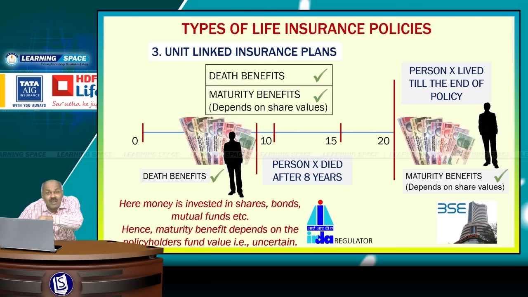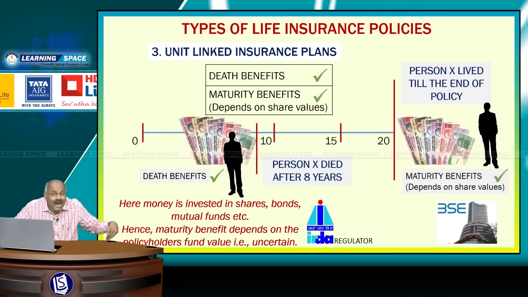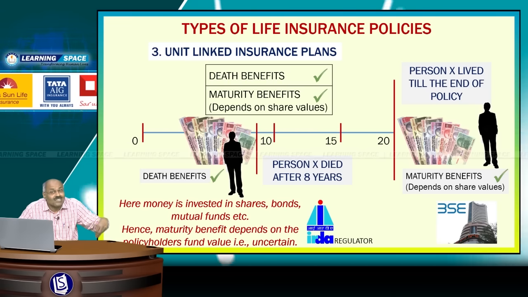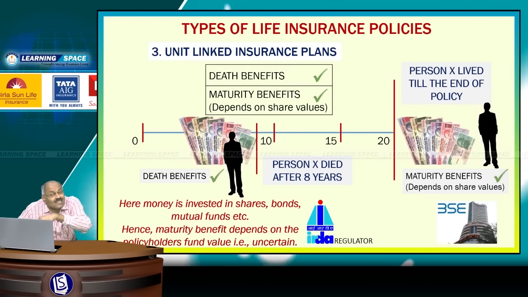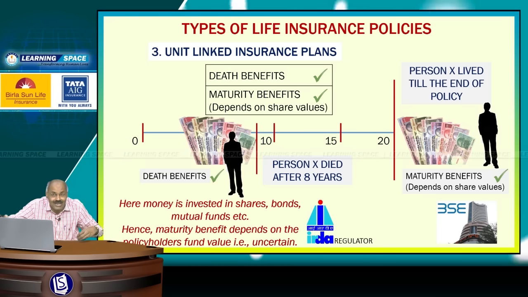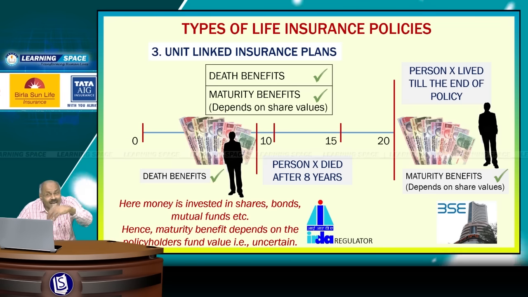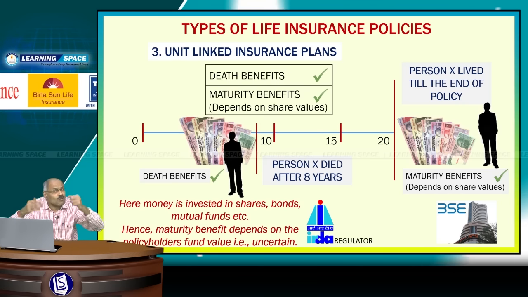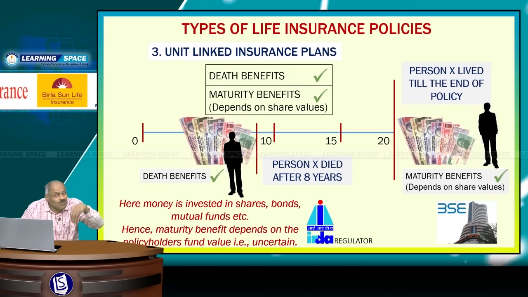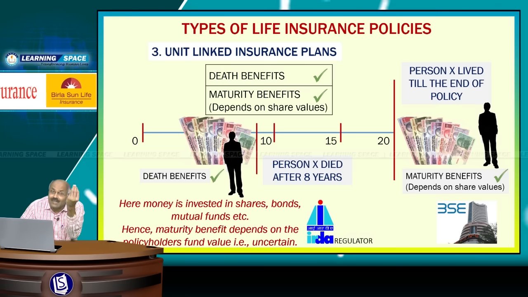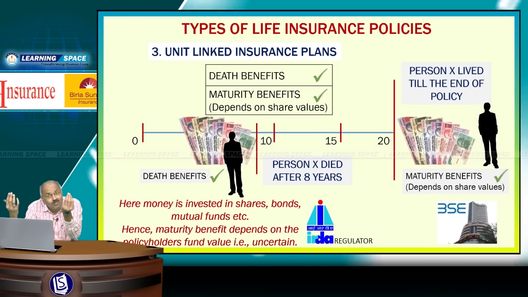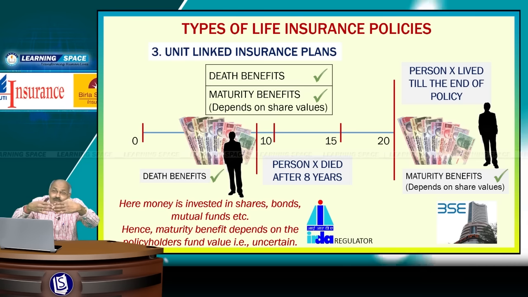The investments will be made in the stock market, and here the insured will have the option of selecting various funds where to invest the money, right? So, this is about the unit linked insurance plan, and you may have a doubt: since it involves insurance as well as stock markets, who will regulate these ULIPs?